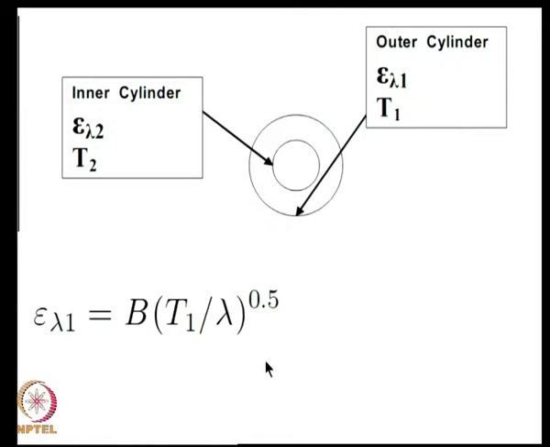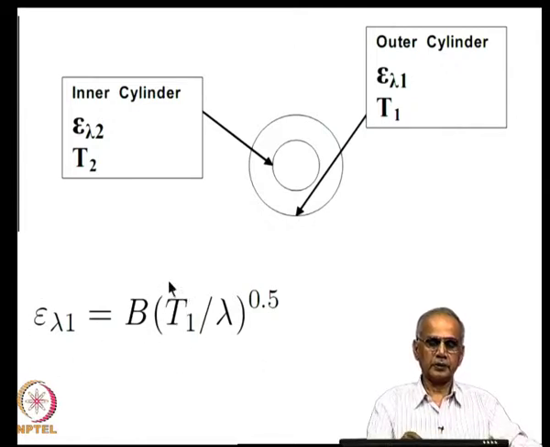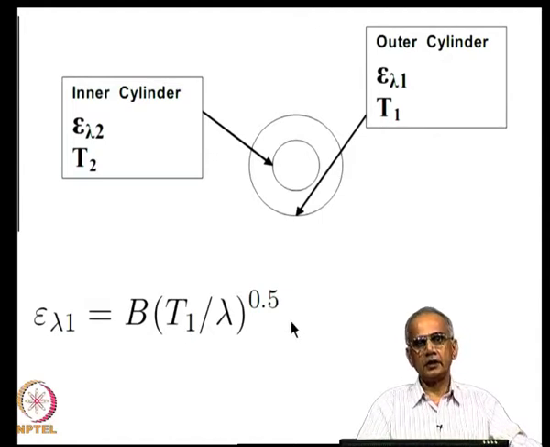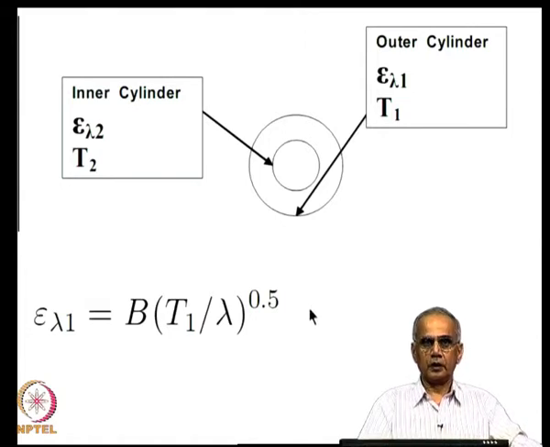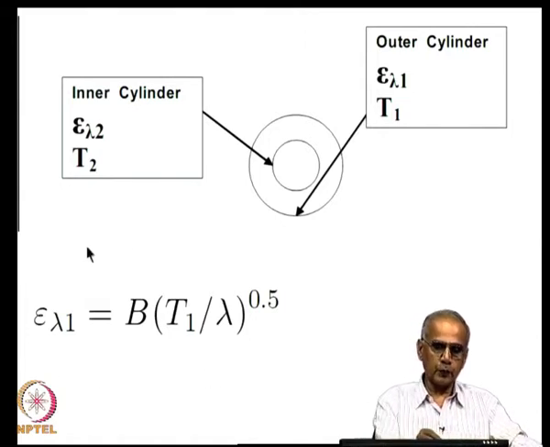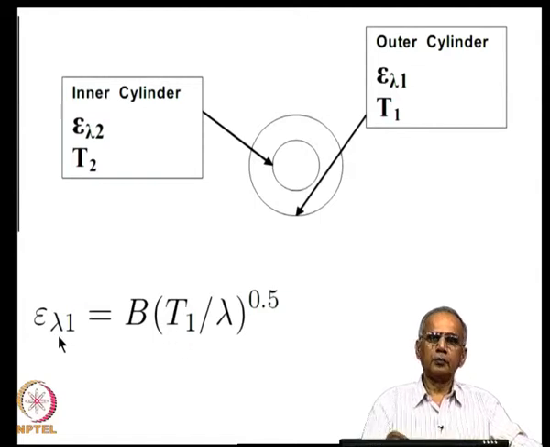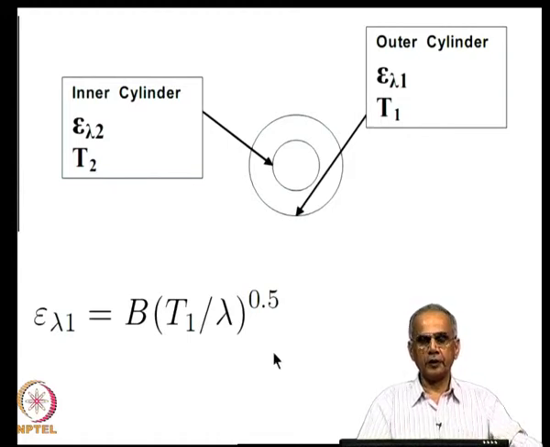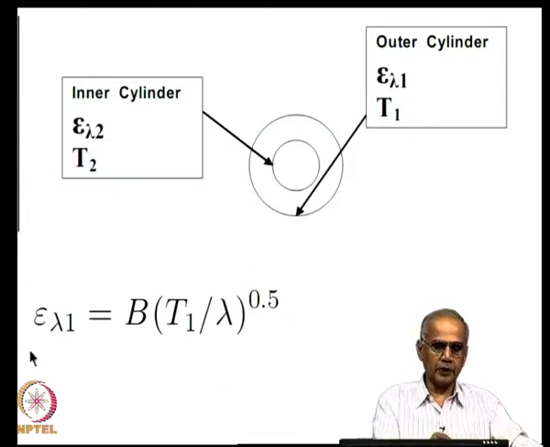Now, the simplest way to understand this is the impact of emissivity and temperature. If the inner cylinder is truly at 0 Kelvin, according to this equation, emissivity is 0. Now, strictly speaking, you cannot use this equation when temperature approaches 0, because the phenomenon of radiation that occurs at such low temperatures is somewhat different from what was assumed in obtaining this equation.